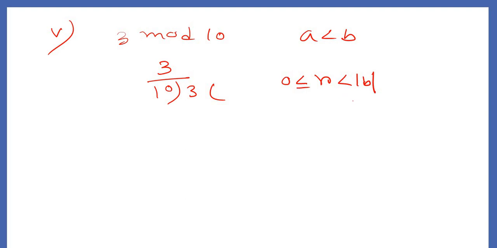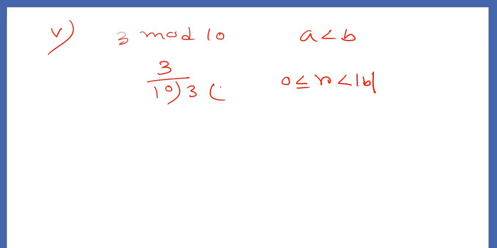That means the remainder is always less than the magnitude of the divisor. And here the divisor is 10. So let us divide 3 by 10.